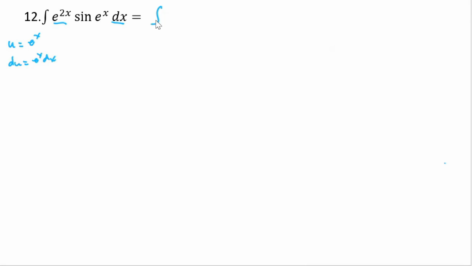So we're writing now the given. We can write now e raised to x times sine of e raised to x times the other factor of e raised to 2x, which is e raised to x dx. So in this case, our u is equal to e raised to x and the remaining terms will be dv.